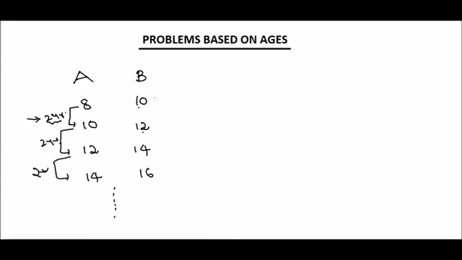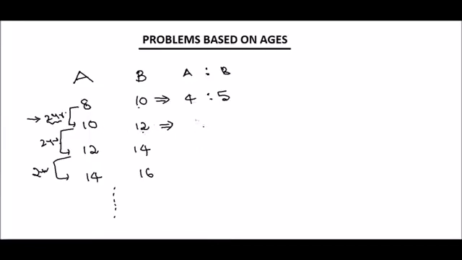If we want to examine this in terms of a ratio, the ratio of A's age to B's age is 4 is to 5, the minimum ratio. But after 2 years, the gap is the same for both persons, but the ratio has changed.